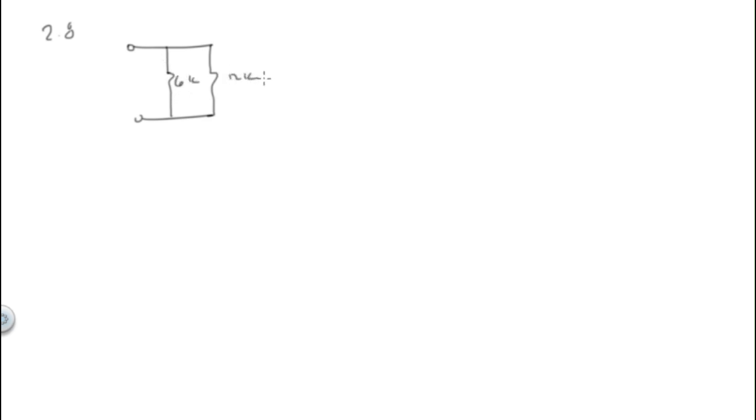That's easy. It's the reciprocal rule, or it's this times this over this plus this. This is product over sum. Either way, it's a parallel. We recognize this as parallel because it can go either way. It can go this way, it can go this way. So this is parallel. Use the parallel rule. So it's 12 times 6 over 12 plus 6, which is what?